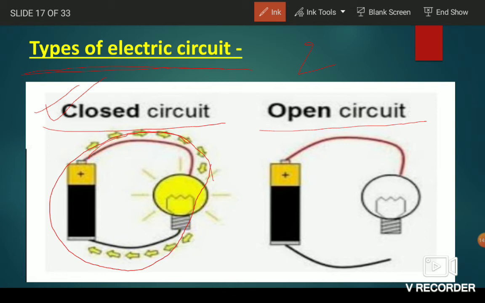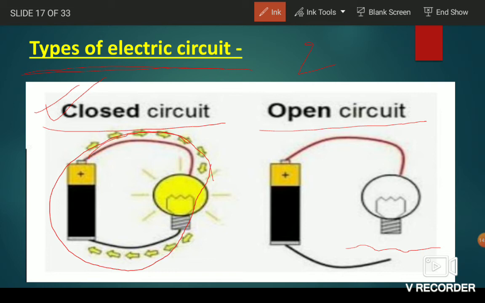So it is a closed circuit. And what is an open circuit? A circuit is said to be open when there is a break. As you can see here, there is a break in the circuit and there is no flow of current. And in this condition, the bulb will not glow, or any device which is connected to that circuit will not work.